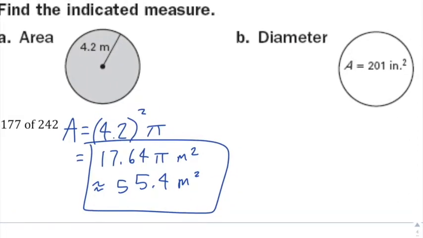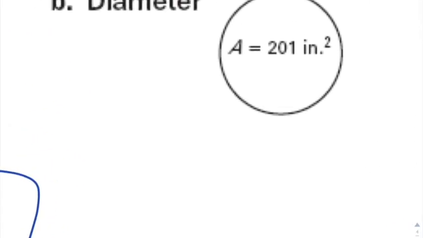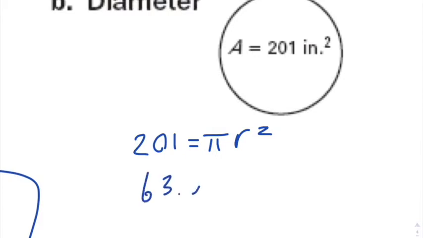Now, occasionally I'll ask you a problem where you need to work backwards. They're giving us that the area is 201, and that's equal to our pi r squared. So we need to divide both sides by pi. It's 201 divided by the pi button, and that's about 63.98, and that's equal to r squared.